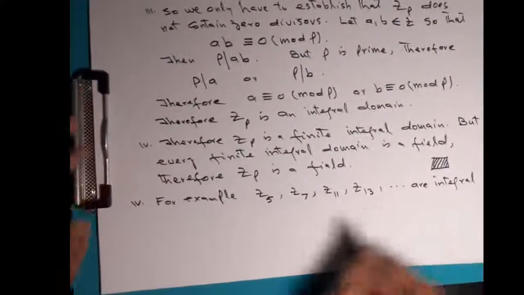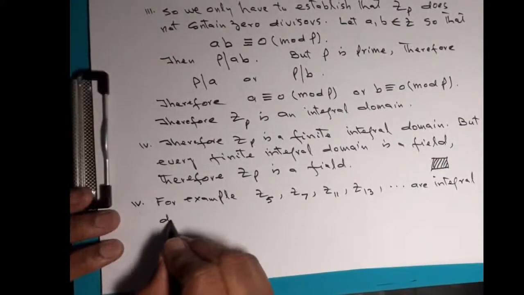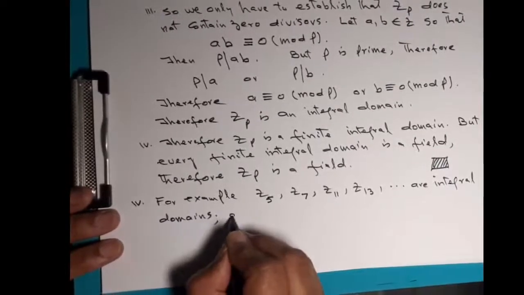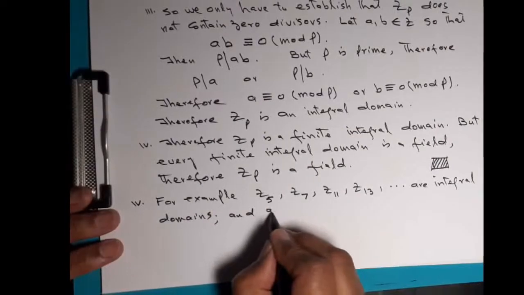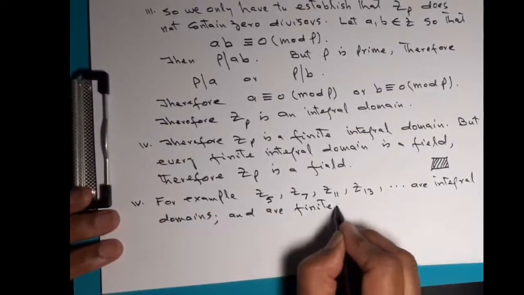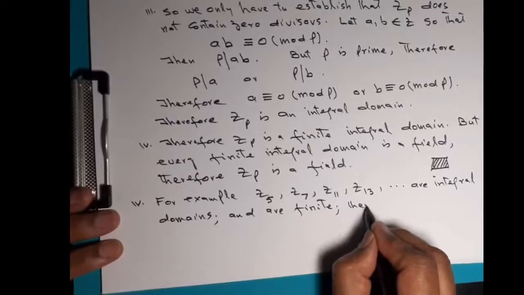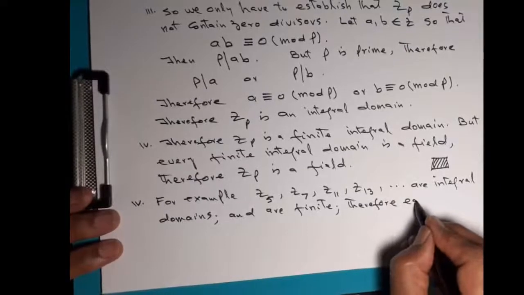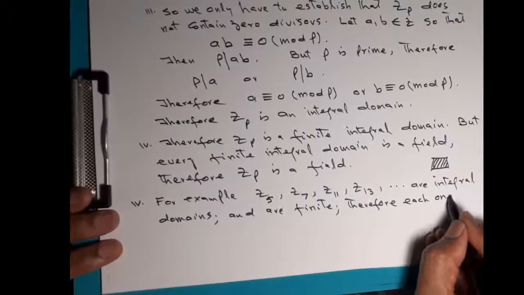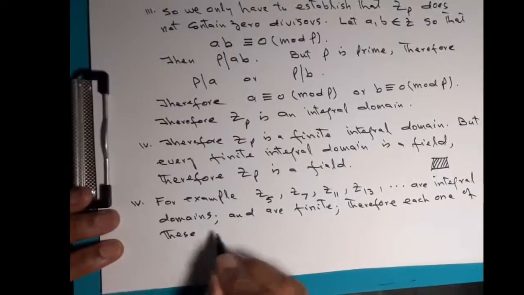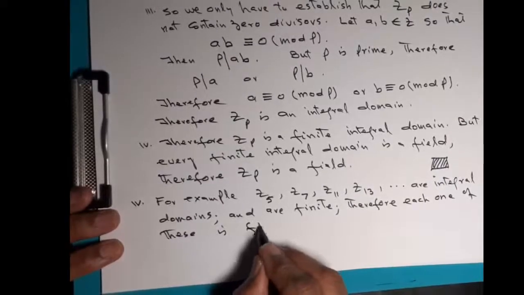These are integral domains, and are finite. Each one of these is finite. Therefore, each one of these is a field. You can check it by yourself.